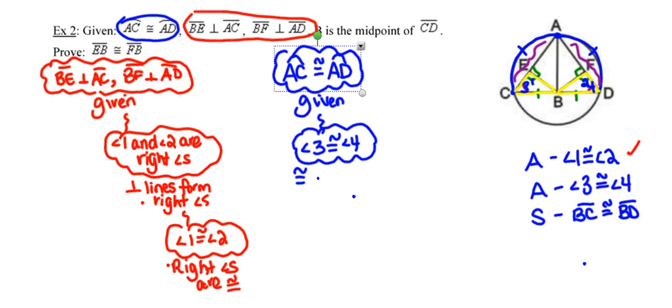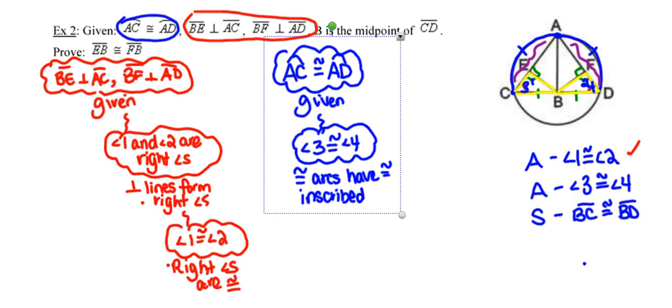So the congruent arcs have congruent inscribed angles. And again, it's very important that you use the vocabulary. Those have to be inscribed angles in order for them to be congruent.